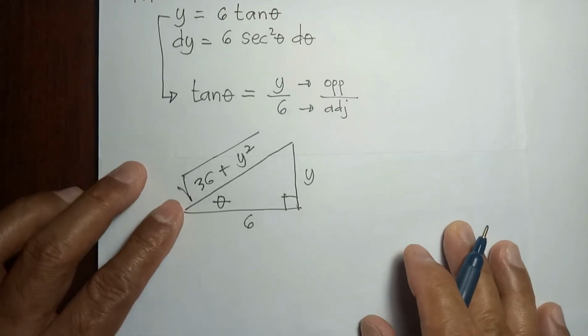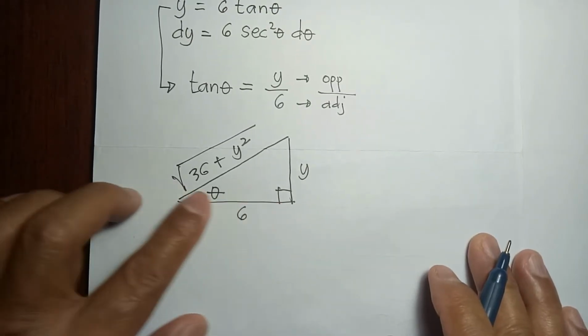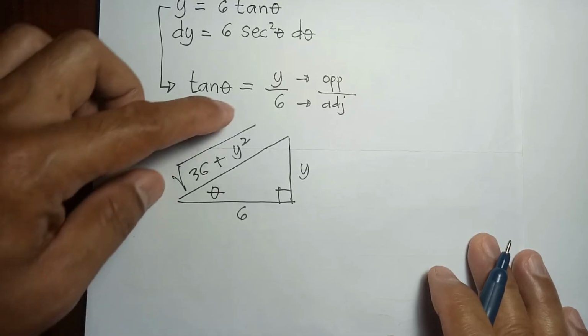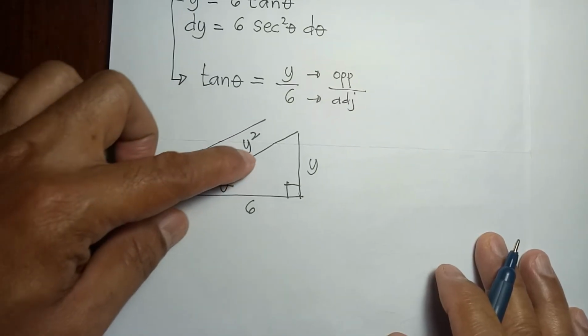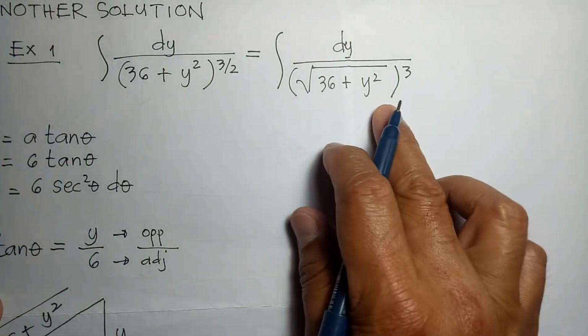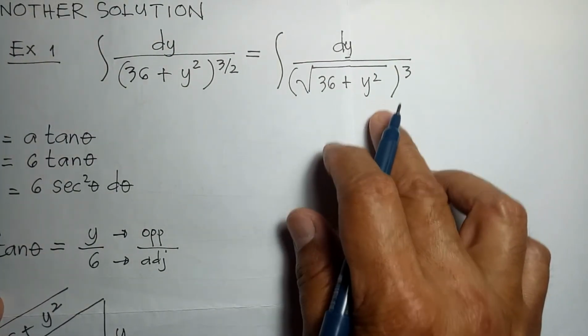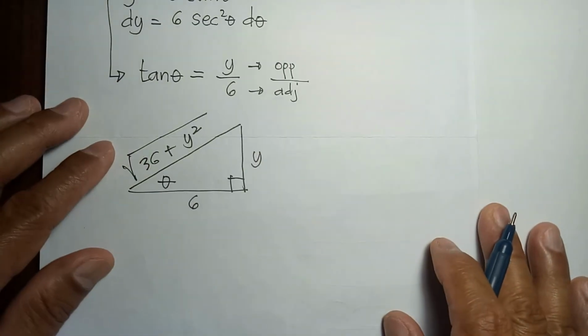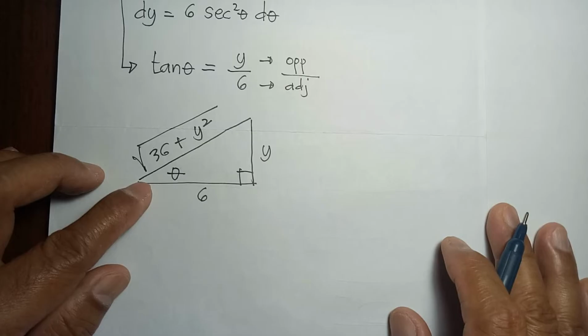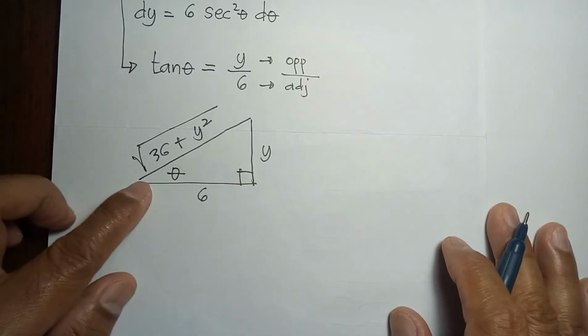And then from the triangle, hanapin natin ngayon yung equivalent trigonometric function ng square root of 36 plus y squared. So dito, kinakailangan natin i-involve yung hypotenuse at saka yung side na constant na 6.